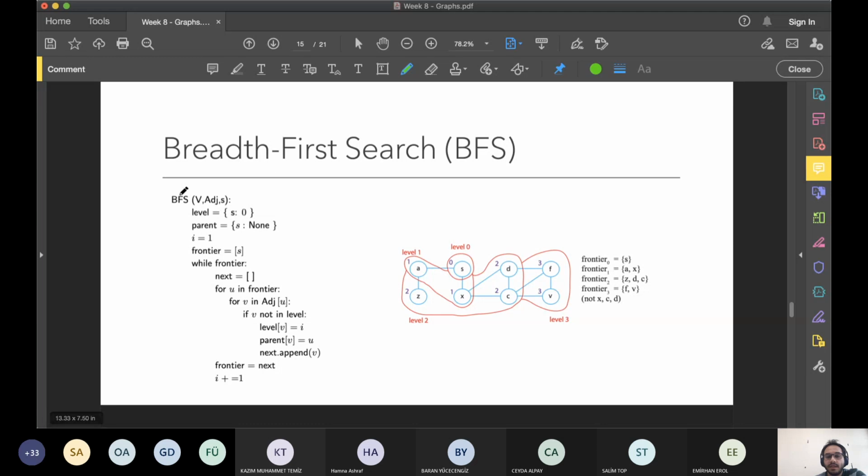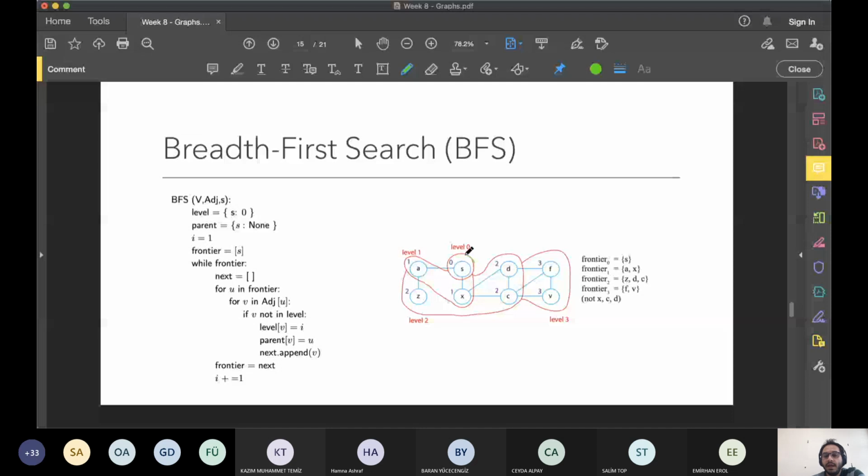This is how we can write the Python code for this algorithm, breadth-first search. And here's the example. Because we try to explore all possible, we want to see all vertices that are reachable from S. So our S is going to be level 0 here.